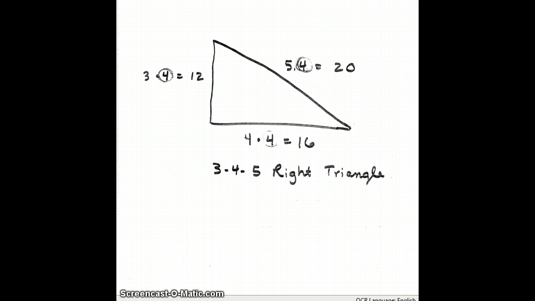So what we have is, my dad knew that 3 times 4 was 12 and 4 times 4 was 16. He knew because of that he had a 3, 4, 5 right triangle, and he just took the multiple of 4 and multiplied it by the 5 for the hypotenuse and got 20. So here we have then a 12, 16, 20, and if we took 12 squared plus 16 squared, it would indeed equal 20 squared.